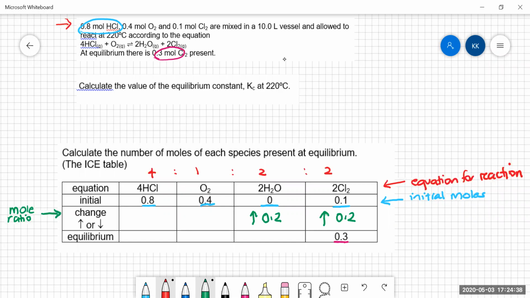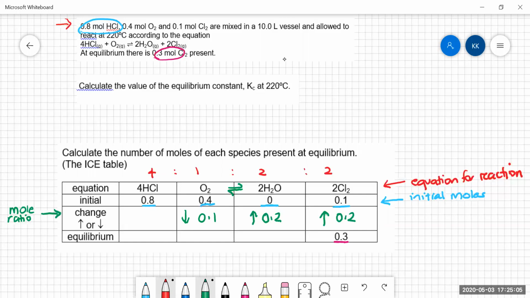Oxygen, the mole ratio between oxygen and chlorine is 1 is to 2. So if chlorine's increasing by 0.2, oxygen, careful, is on the other side of the equation. Remember, here's our reaction, our equilibrium sign here. So if chlorine's going up, oxygen's going down. So oxygen will go down by 0.1.